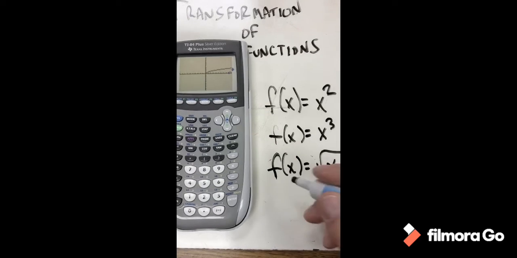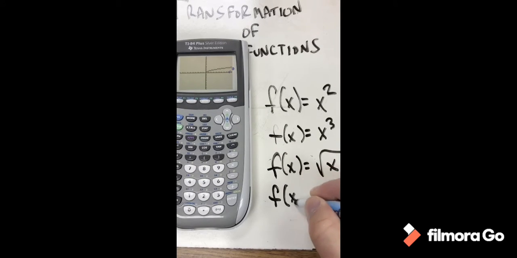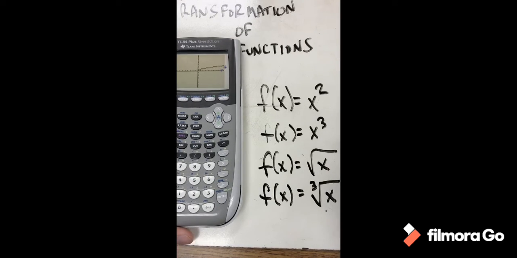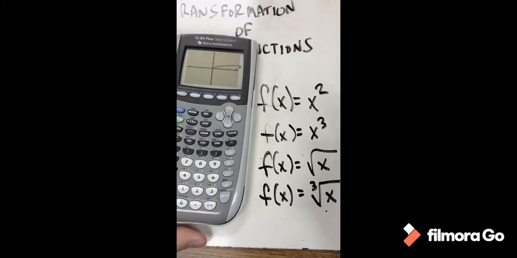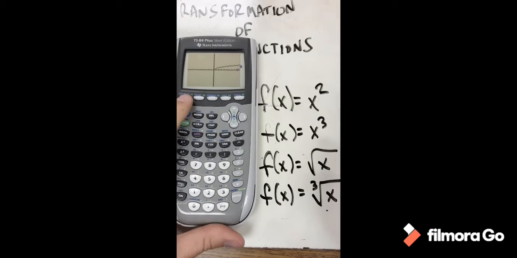Let's go ahead and go to the next one. The next one is f of x equals the cube root of x. On this one, again, I go back to my y equals and clear that out. What I want to do is hit the math button. That's going to give me my menu again.